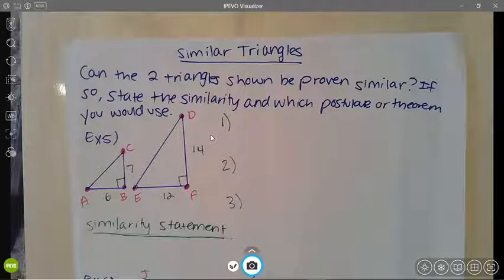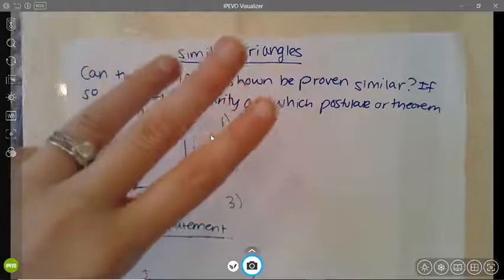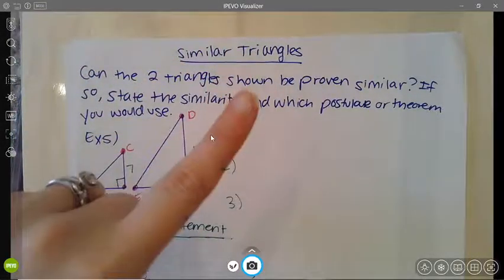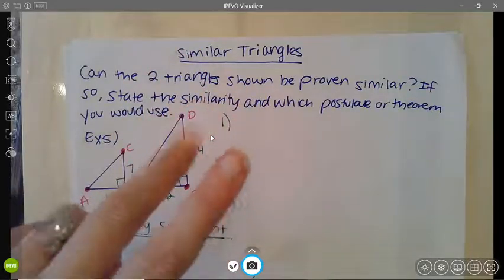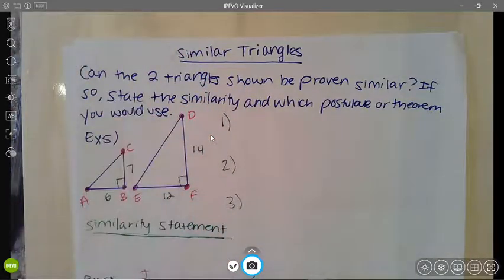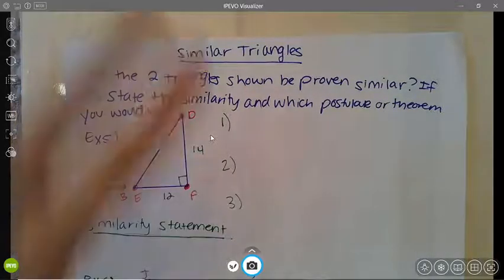Okay, so usually when I do these problems, I look at what's given to me, because that will point me in the direction. Doing similar triangles, in my opinion, is a little bit easier to figure out because we only have 3 options. We have SSS, so 3 sides, SAS, so 2 sides and an angle, and remember the angle has to be in between the 2 sides, and then we have AA, so 2 angles.